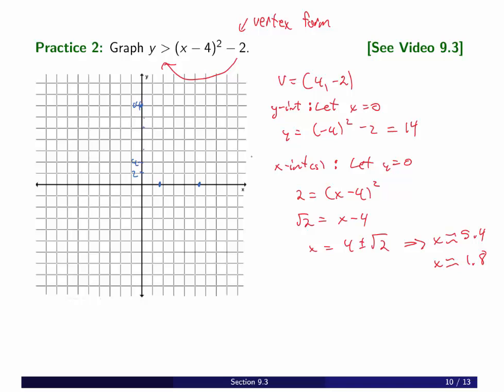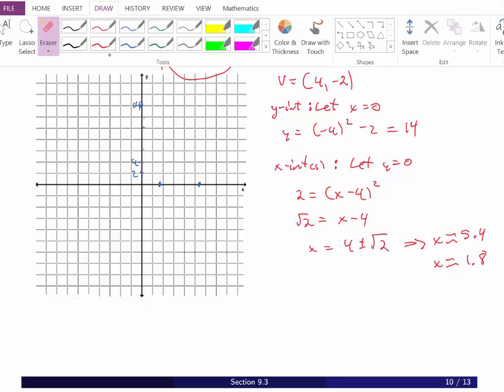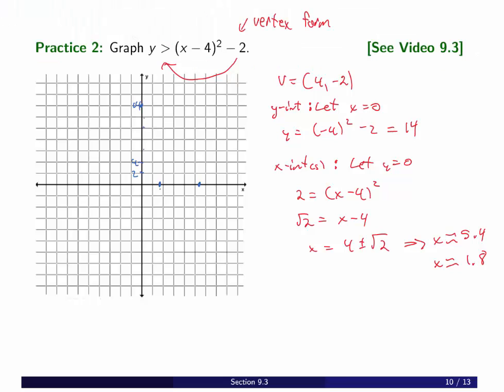And we need the vertex, which is 4 and 2. I'll make that one nice and big. Okay, and I made a mistake because it makes no sense at all. 4 is for x. 3, 4, and 2, which looks something like that.